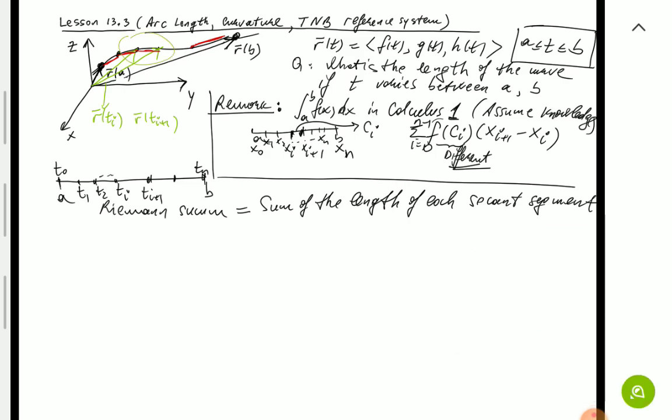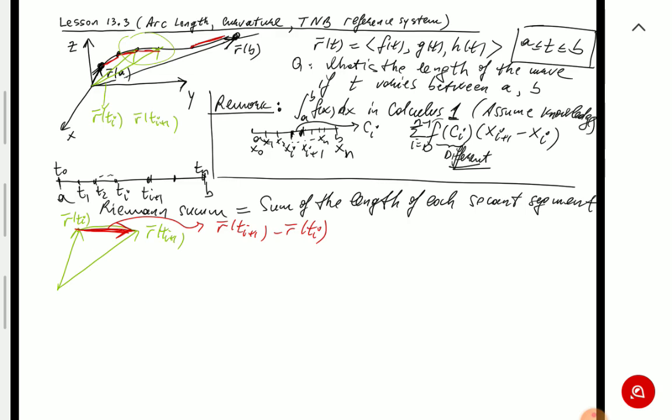If I were to zoom out here in the middle, what you have is the curve, right? You have R of Ti, you have here R of Ti plus 1. The actual secant line, if you write it as a vector, it's nothing but the difference of R of Ti plus 1 and R of Ti.